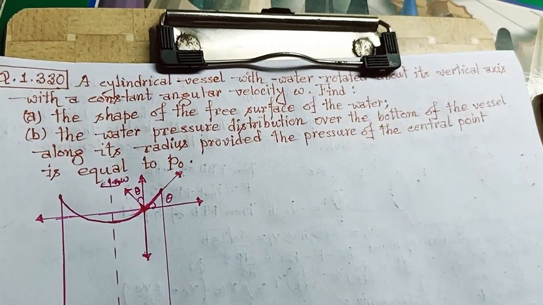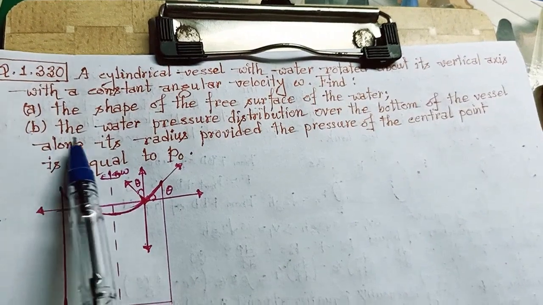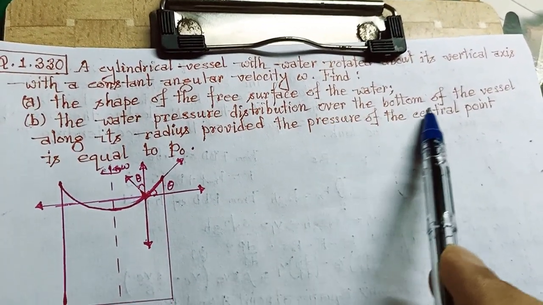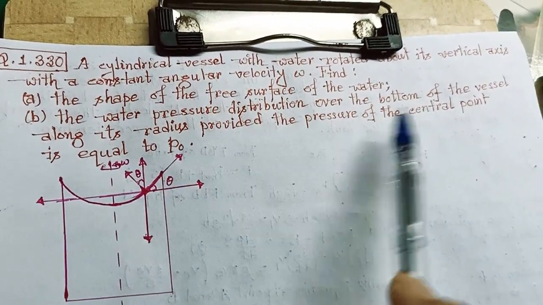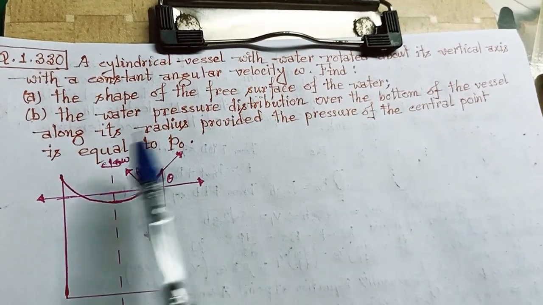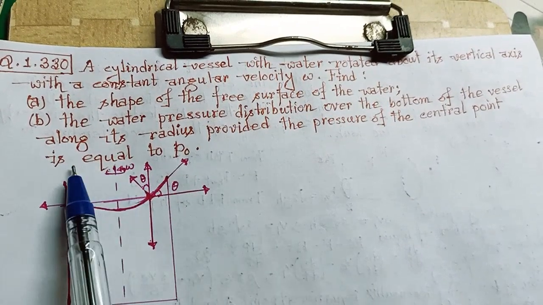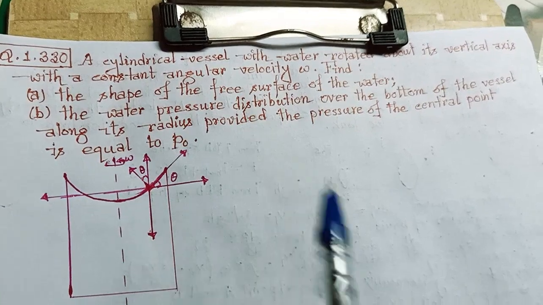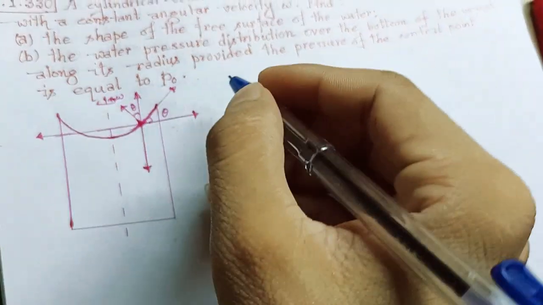Find (a) the shape of the free surface of the water, and (b) the water pressure distribution over the bottom of the vessel along its radius, provided the pressure at the central point is equal to P0. So let's solve this question.